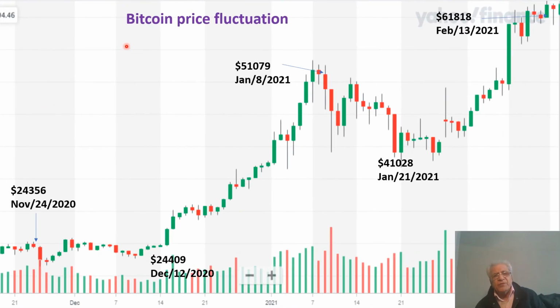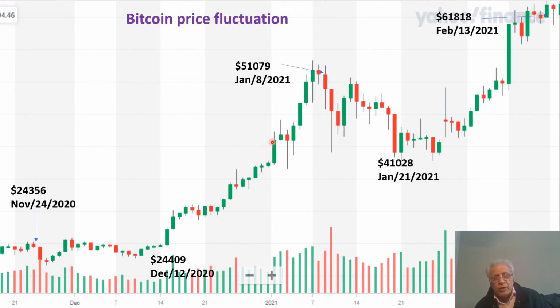Bitcoin price fluctuation continues. We exited the market on November 24th, 2020 at $24,356. And again, we see the price is in build-up and there's not that much action going on here. So we decided to enter the market where the price broke out strongly at 24,409 on December 12, 2020.